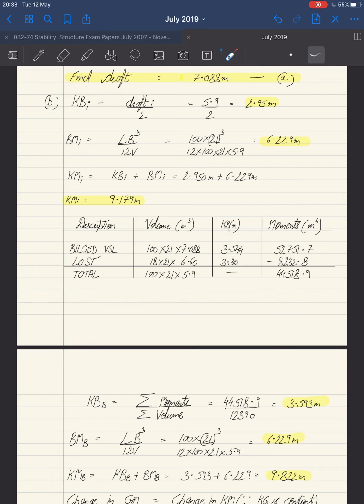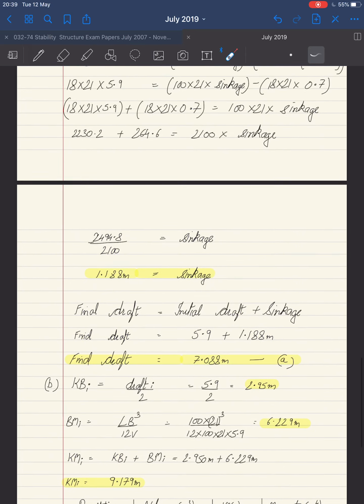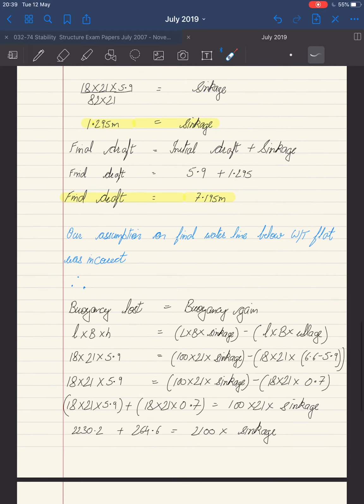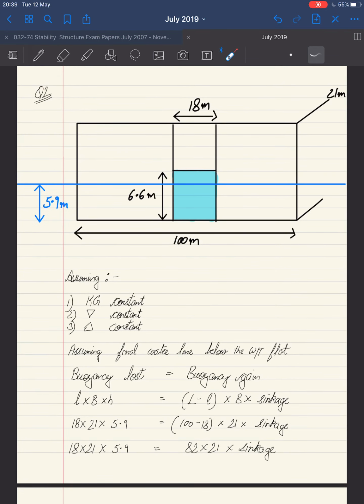We'll now subtract the lost volume, which is the length of the compartment multiplied by the breadth of the compartment multiplied by the height of the compartment. So the length of the compartment was 18 meters and breadth was 21 meters and height was 6.6 meters. And the geometric center, the KB of that particular compartment, if we look at the drawing again, so this is the compartment which had been flooded.